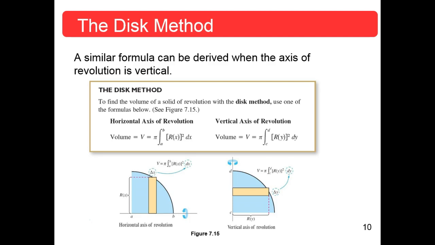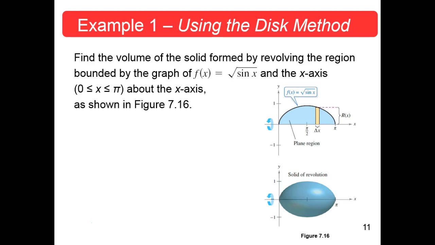Again, if you choose a dy here, you have to use limits from c to d. That r of y, which is now x as a function of y, squared dy. So everything is proportional. Getting that change from y as a function of x to x as a function of y becomes almost the most difficult thing, and the thing you have to really pay attention to.